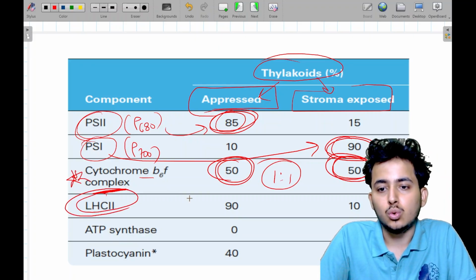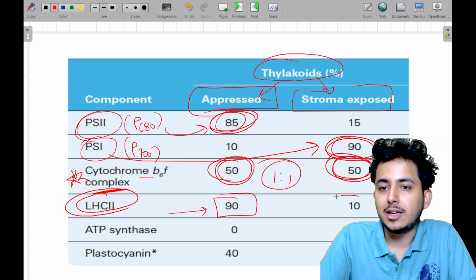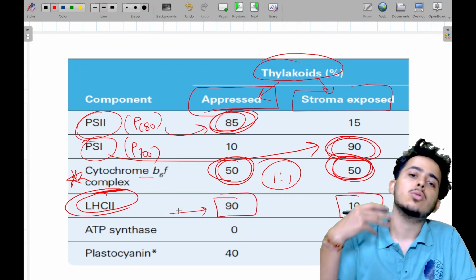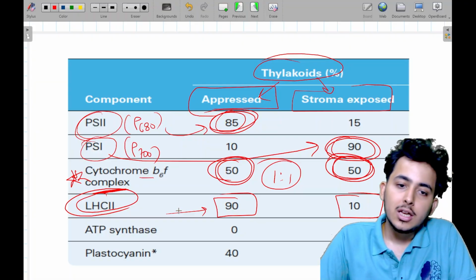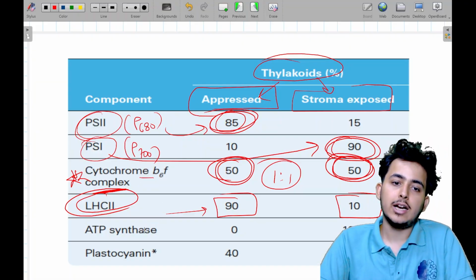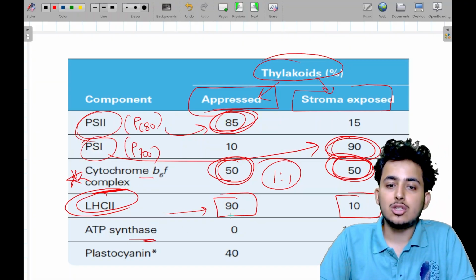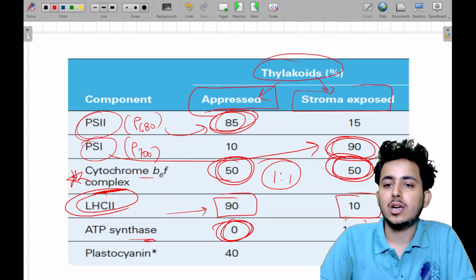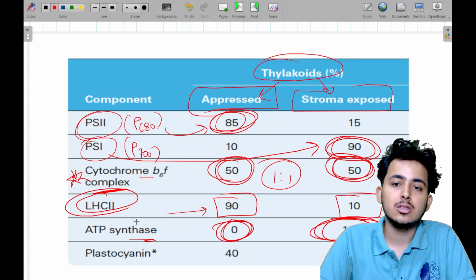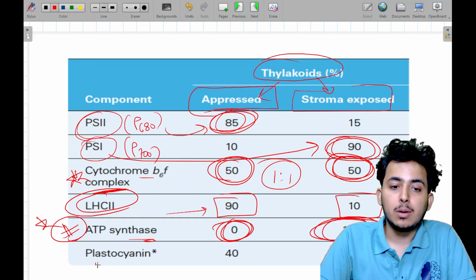Then LHC2 is present 90% in the appressed thylakoids and 10% in the stromal exposed thylakoids. The ATP synthase that we study is not present in the appressed thylakoids; it is 100% present in the stromal exposed thylakoids. Very, very important.